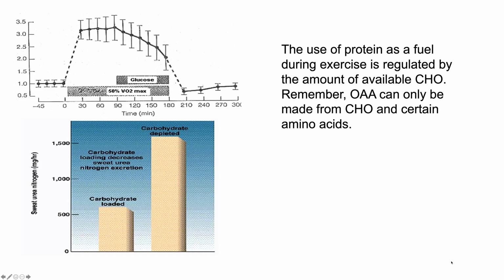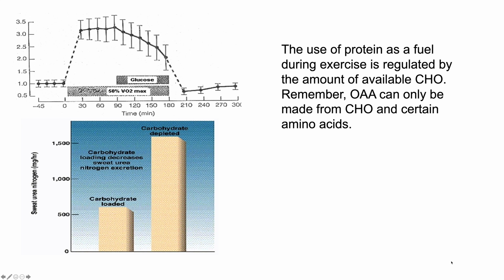It says the use of protein as a fuel during exercise is regulated by the amount of available carbohydrate. Remember, oxaloacetate can only be made from carbohydrate and certain amino acids. The top graph shows exercise time at a relatively moderate intensity. You can see protein breakdown starting to increase.